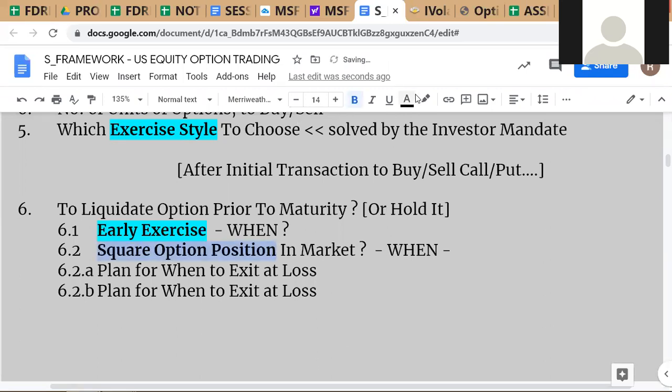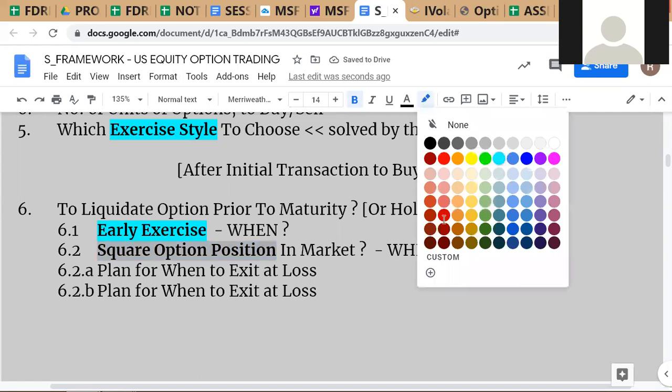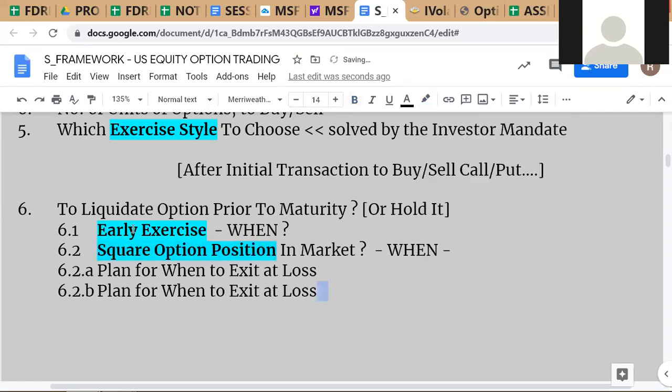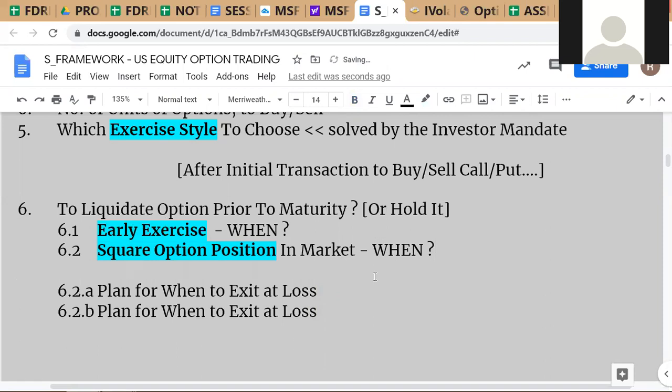So these are your decision problem. 6.1 and 6.2 are mutually exclusive. So this is your decision problem: you have to choose between 6.1 and 6.2.